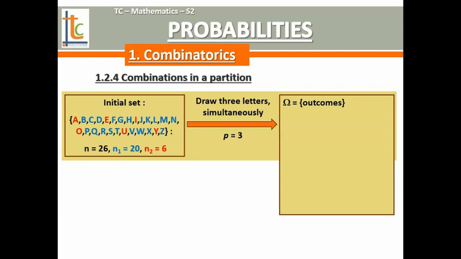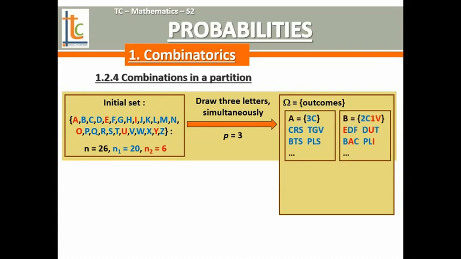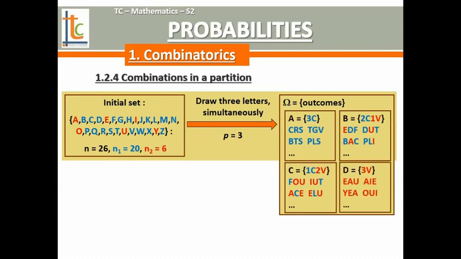The set of outcomes, our sample space omega, can be parted again, not into consonants on one side and vowels on the other, but into subsets that contain only 3 consonants, or 2 consonants and 1 vowel, which is a different possible situation, or 1 consonant and 2 vowels, or 3 vowels.